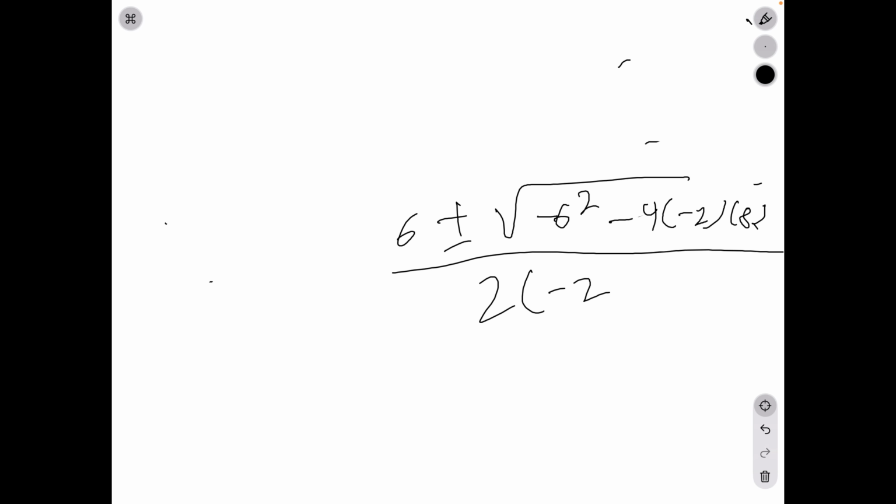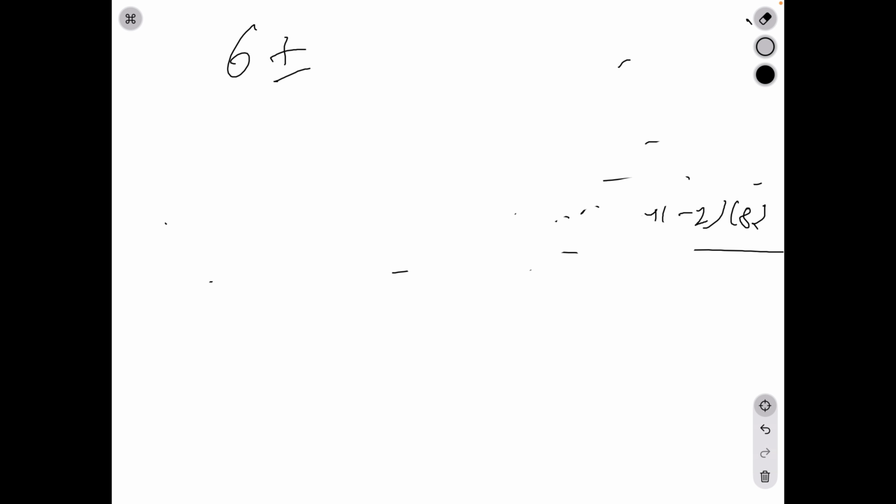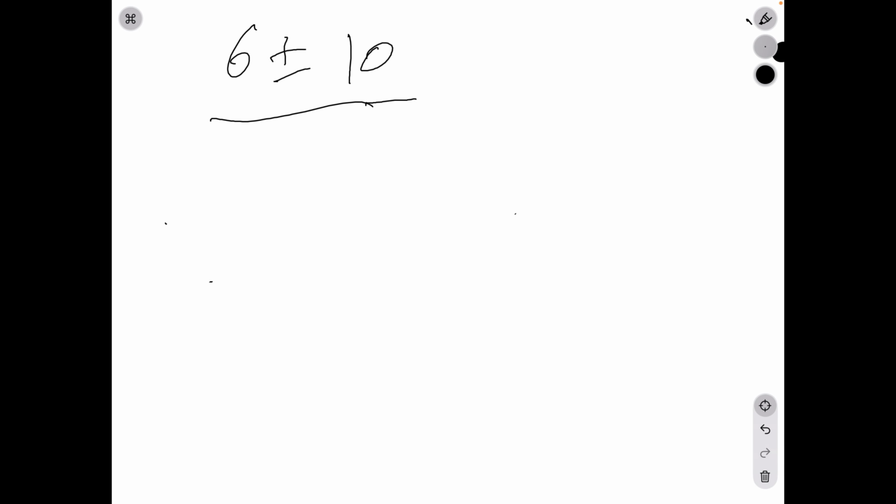So now our equation will be 6 plus or minus 10, because remember we simplified that square root of 100, over negative 4, because remember before we said 2 times negative 2.